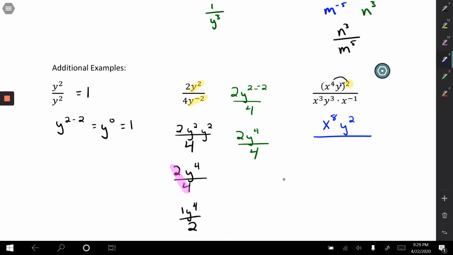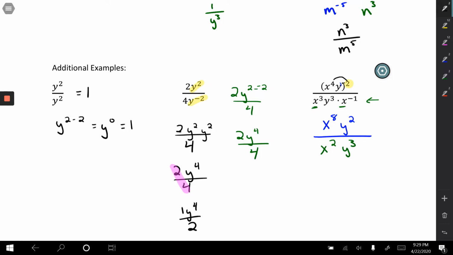And let's take a look at the bottom. What can I do with the bottom? On the bottom, I see that I do have the same base of x, so that means I can add those exponents. So 3 plus negative 1 gives me 2, and then the y cubed is still there. There are no other same bases with the y's on the bottom. At this point, I see that I have the same base top and bottom.